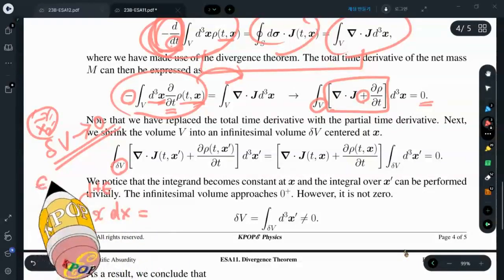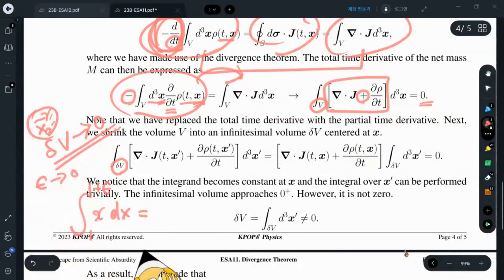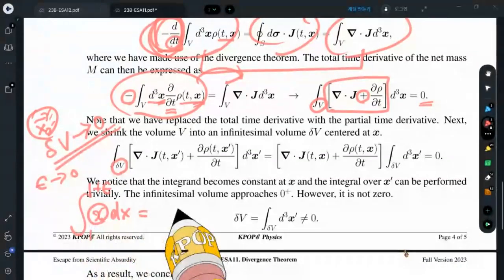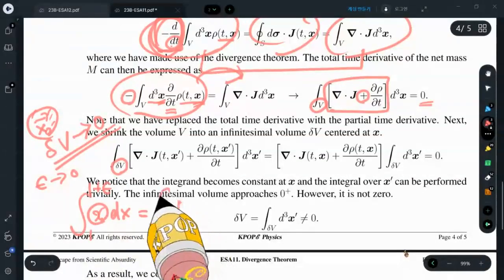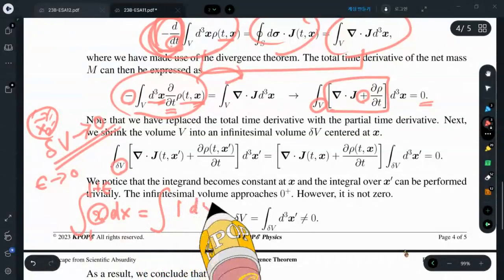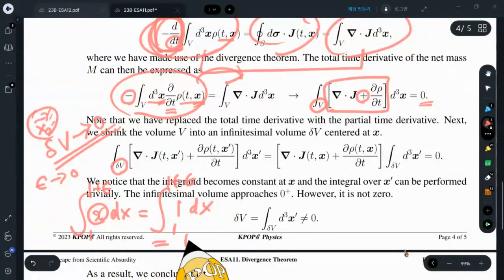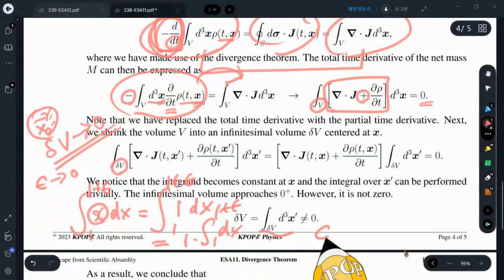What happens as epsilon goes to 0? It is very, very close to 1. So I can approximate the integral of 1 from 1 to 1 plus epsilon dx. So this is something like epsilon.